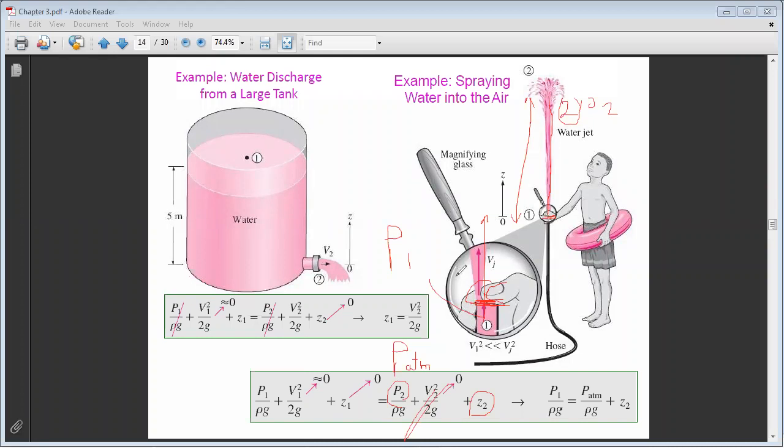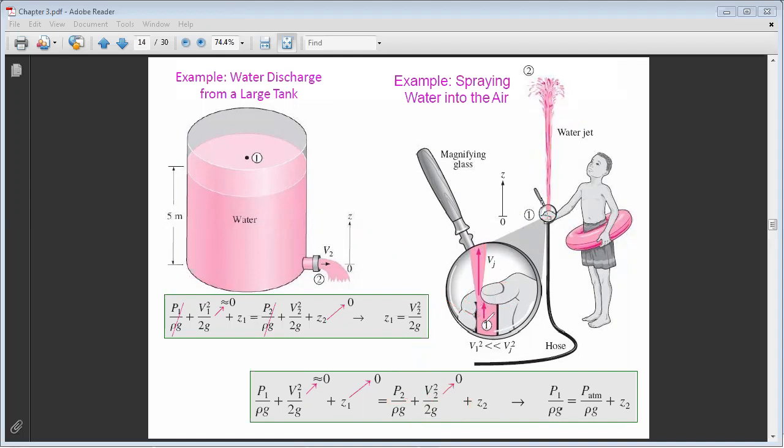Now, when you opened the path for water to move out, water will flow upward. So we consider point 1 just before letting the flow pass through your system.